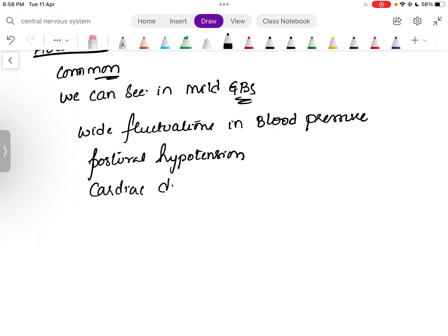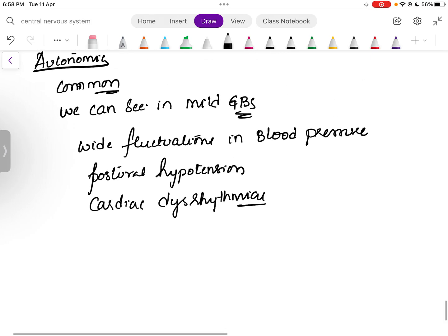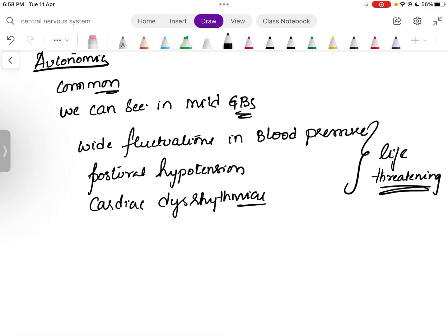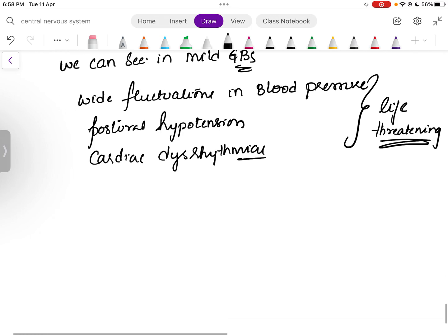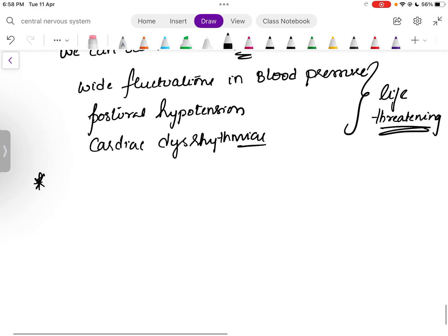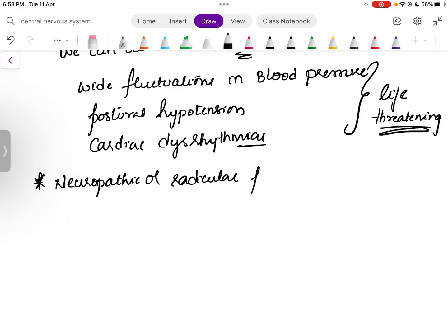The patient will have cardiac dysrhythmias. Arrhythmias can occur in these patients, and these can be life threatening. These have to be closely monitored in Guillain-Barre syndrome patients. And the patient can have neuropathic or radicular pain, and this is present in many patients.